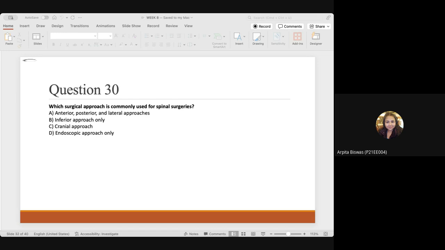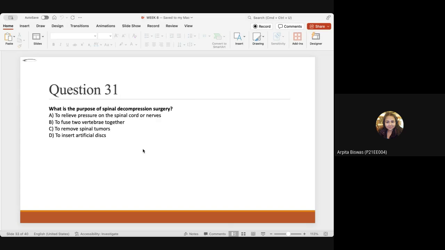Okay. So next we move to question number 31. What is the purpose of a spinal decompression surgery? So first option, to relieve the pressure on the spinal cord or nerves. Option B, to fuse two vertebrae together. Option C, to remove the spinal tumors. Option D, to insert the artificial disc. So what is the right option?